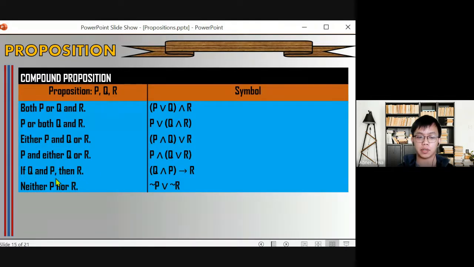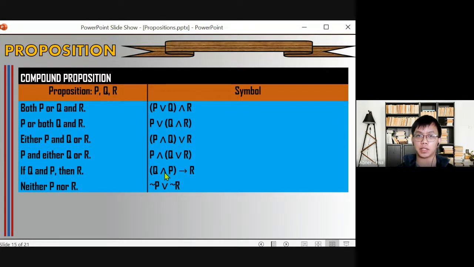Another example here, if Q and P, then R. So the hypothesis is Q and P, and our conclusion will be R. So group the Q and P again.